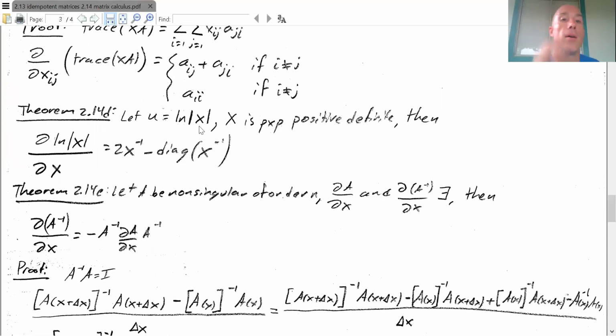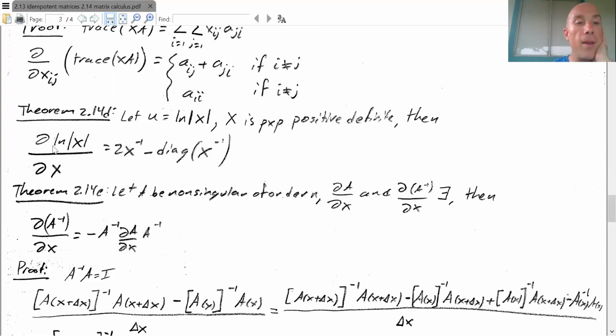So what we're going to do is throw on an additional hypothesis that our variable matrix is p by p positive definite. Why do we really need this? Because otherwise the logarithm wouldn't make sense. So we're restricting our domain of matrices to things that make sense, that take a determinant and put it inside a logarithm. All right, so this function makes sense with this assumption.